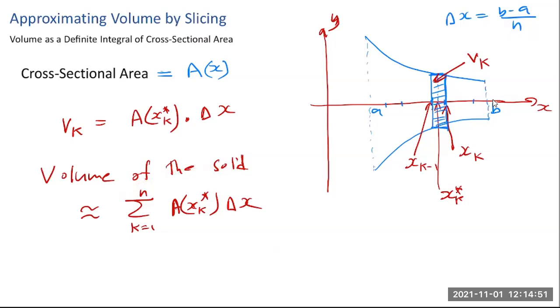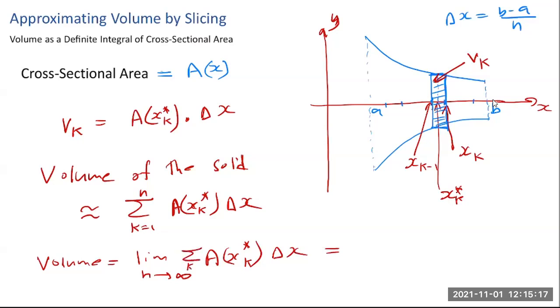Motivated by this, we have our next theorem. That's the idea. The exact volume will be equal to the limit as n goes to infinity of the summation, k goes from 1 to n, of A(xk*) delta x. By the definition of definite integrals, this is nothing but the definite integral from a to b of A(x) dx.